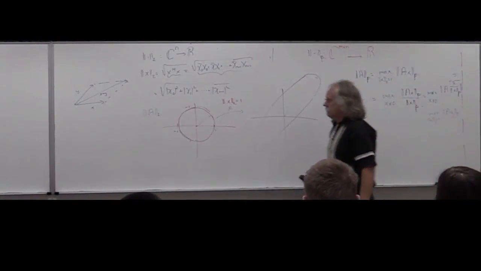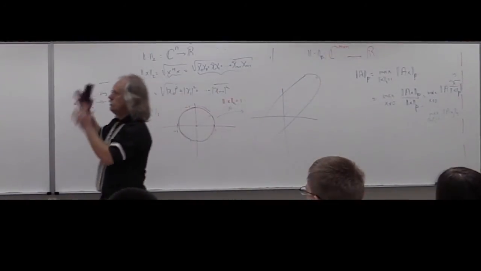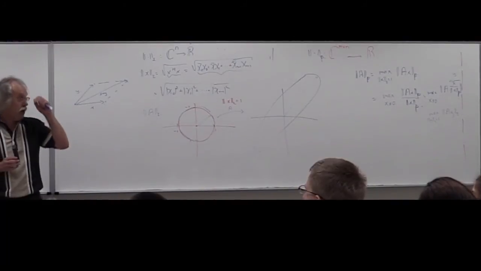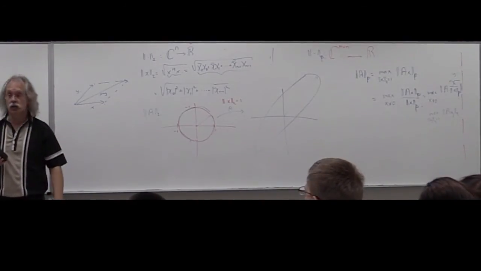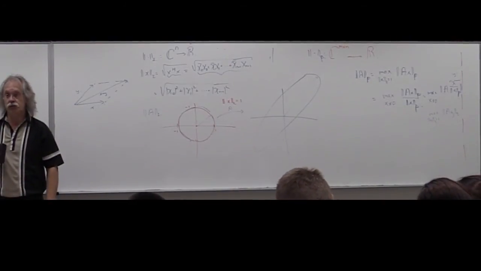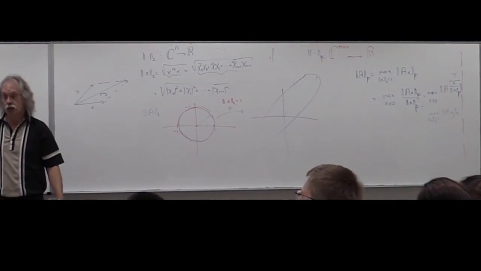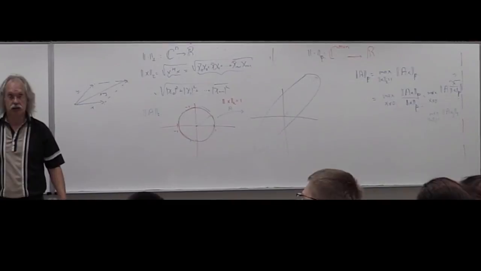Okay. All right. Now, all of this is written down in great detail as proofs. I think it would be useful to just prove that the matrix 2 norm is actually a norm, just to get some practice.